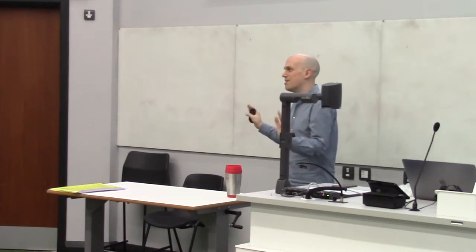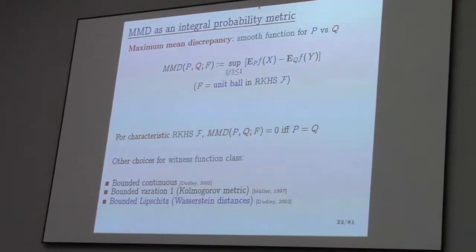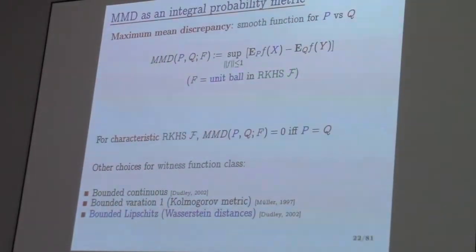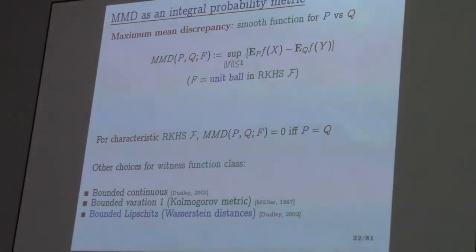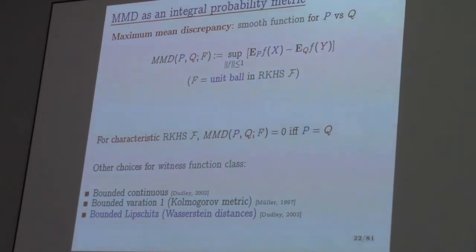Sometimes these are the same thing, sometimes not. For this class of metrics, I can use other function classes. If I want the Kolmogorov metric, I use functions of bounded variation 1. If I want the Wasserstein metric, I can use bounded Lipschitz functions. All of these are instances of this framework, and collectively they are called integral probability metrics.